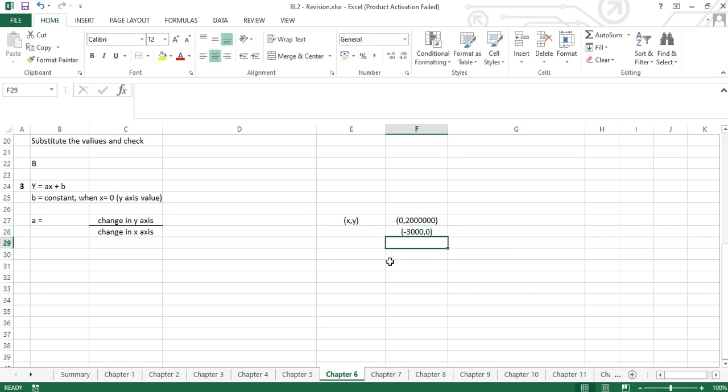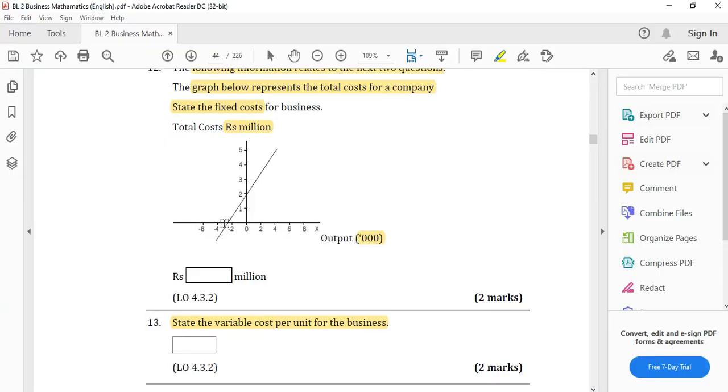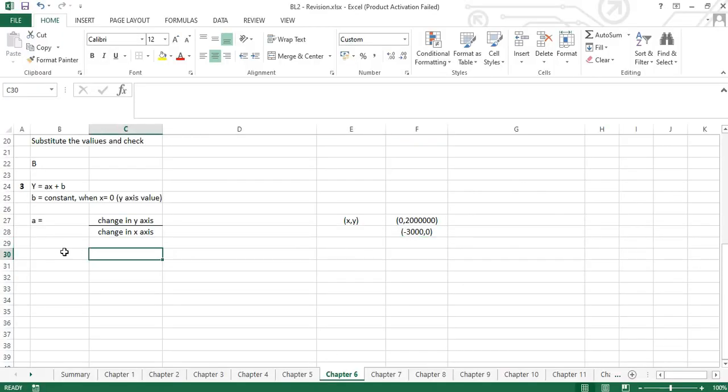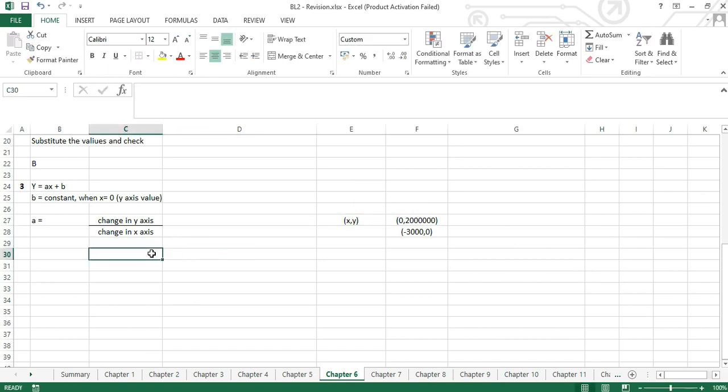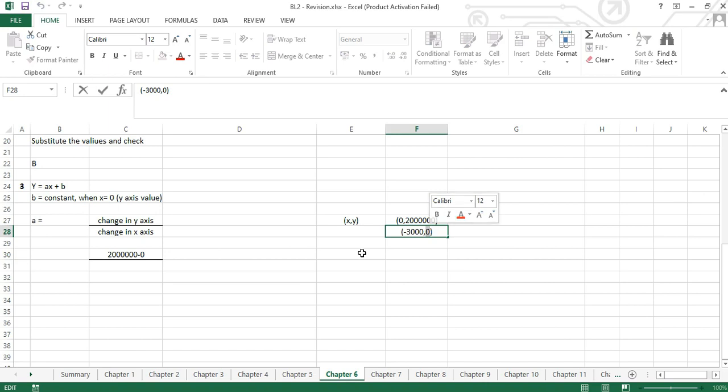Okay. I'm going to take that value as 3, which is here. Now, get the change in y-axis. We know the value at last is the y value. So 2 million minus 0, because it's 0 in the next coordinate.